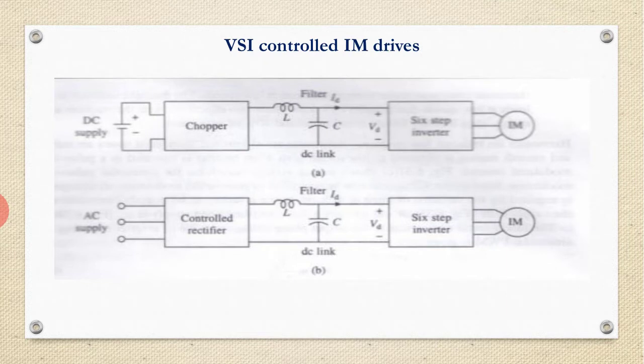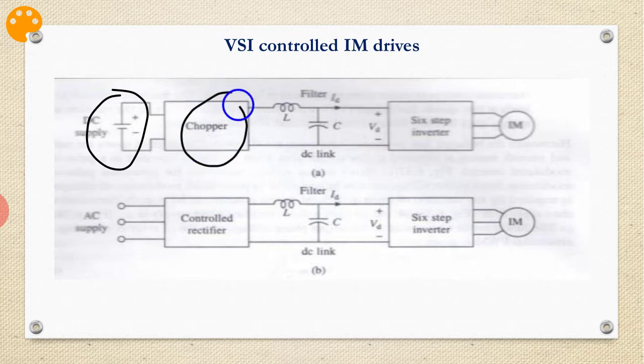Now the different schemes of voltage source inverter controlled induction motor drives. Here the input is DC voltage, and we want variable DC, so a chopper is introduced. The function of the chopper is to convert fixed DC to variable DC. The variable DC is given to the 6-step inverter through a filtering device.